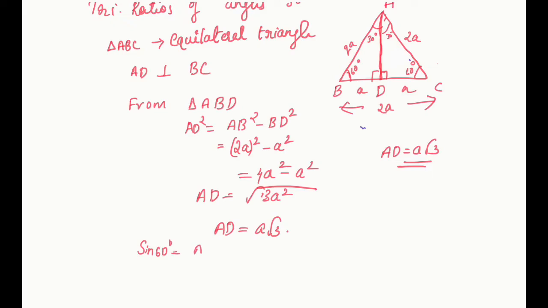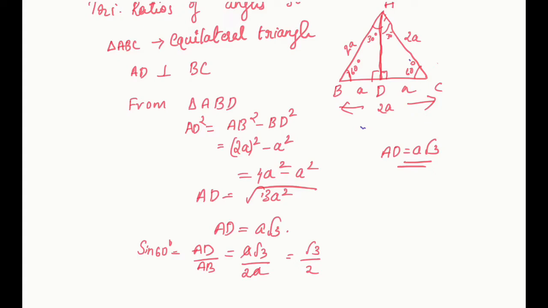Perpendicular will be AD, hypotenuse is AB. AD is A root 3 by AB is 2A. Is it clear? So, A and A are getting cancelled. Finally, you get sine 60 is root 3 by 2.